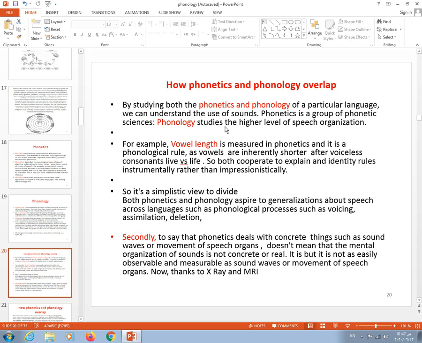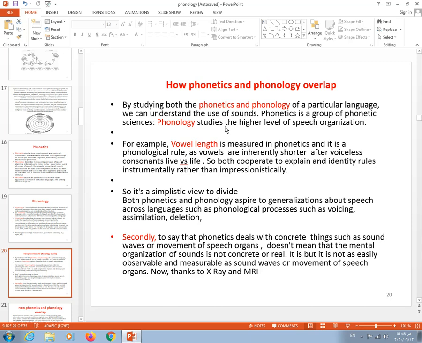All these things are stored in our mind. They are mental. And who says that mental things are not concrete or real? They are, but they are not observable. They are not as easily observable or as easily measurable as sound waves. So phonological knowledge is real. Phonological knowledge is mental. Phonological knowledge is concrete to some extent.